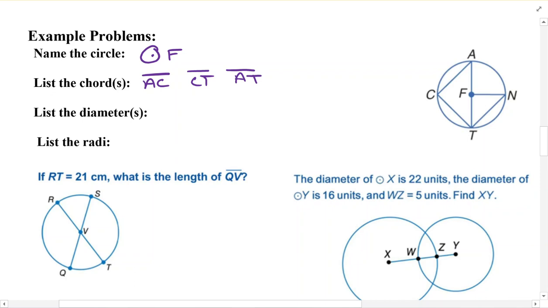Oh, we also have NT. The diameter that is pictured in this circle is AT, and the radii that are pictured in the circle are AF, FT, and FN. Notice that they're all segments and they're marked as segments.